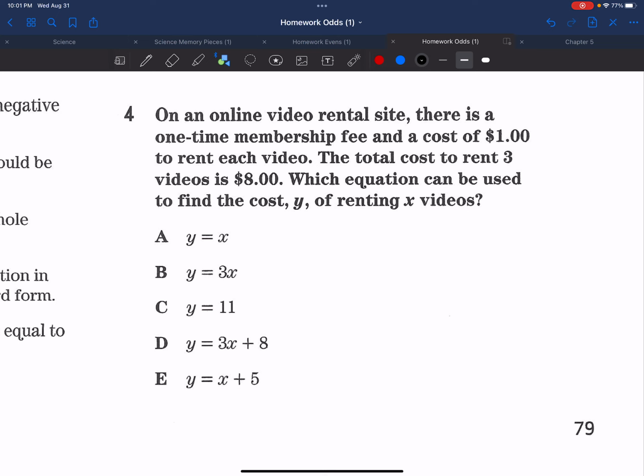For this rental situation, the cost equals the fee plus $1 for each video. We know that the total cost to rent 3 videos is $8.